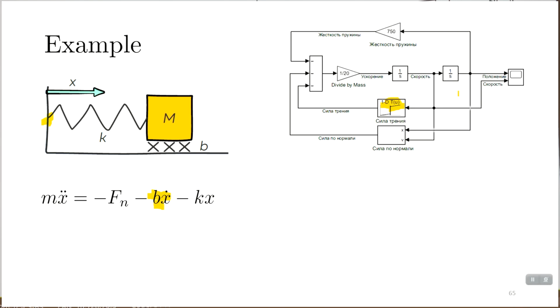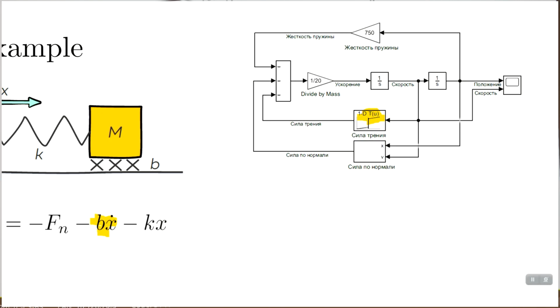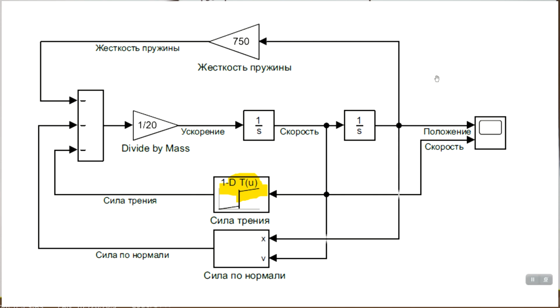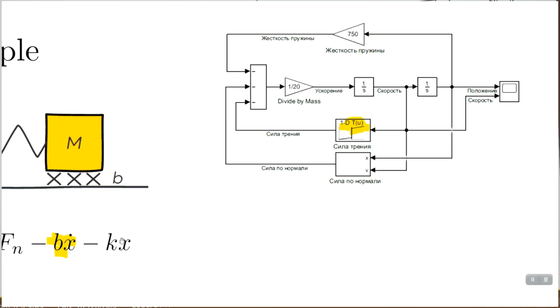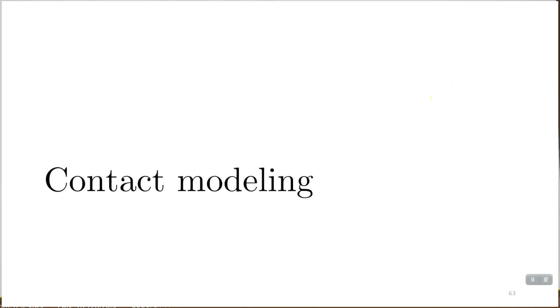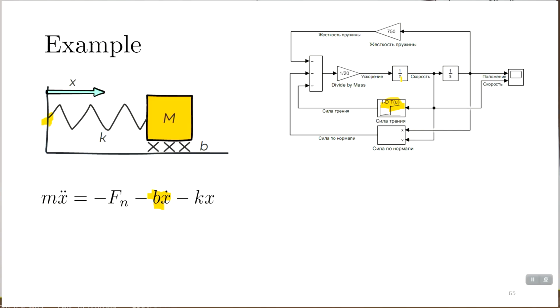Okay. So now let us take a look at this schematic representation, half of the letters are in Russian, but I think it's not a big deal. If we divide force by the mass, we get acceleration, x double dot.